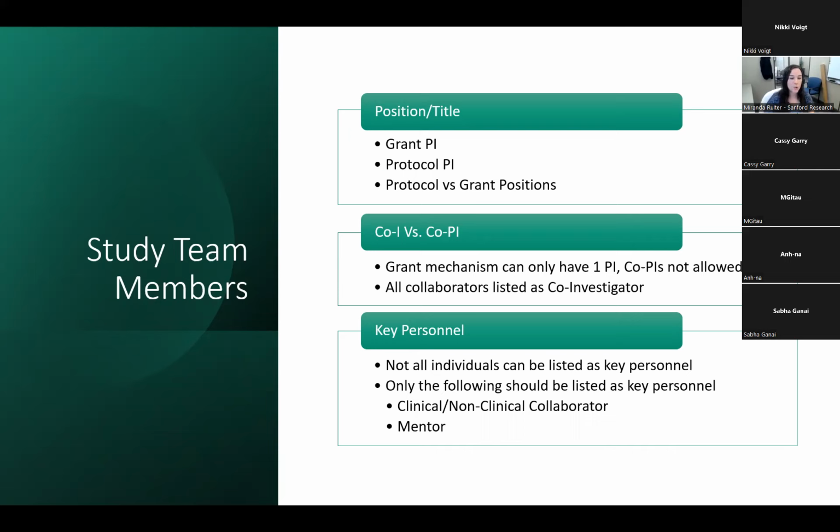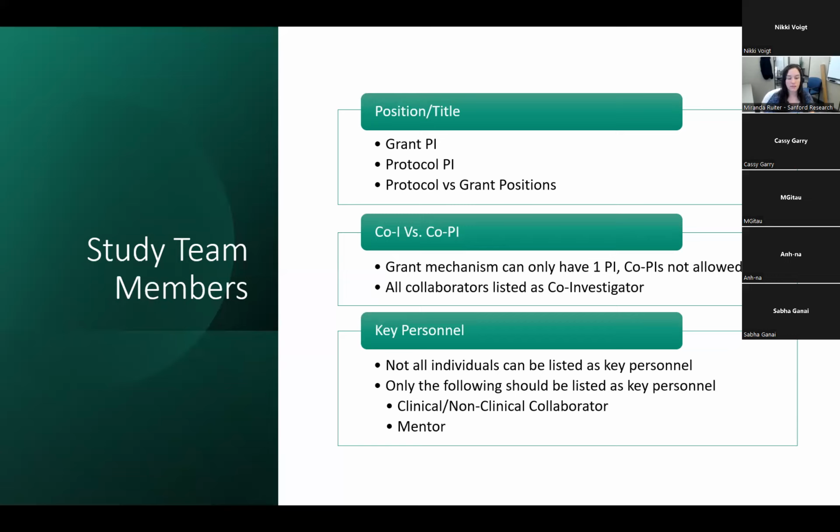There is also a protocol PI. This is the principal investigator in terms of the human subject's eyes. They are in the IRB's perspective. This is the individual who's responsible for that human subject's protection wherever those human subjects components are happening. This may not always be the same person as the grant PI. So don't get confused by multiple PI versions. While there is only one for the grant and only one for the IRB, they could or could not be the same person.